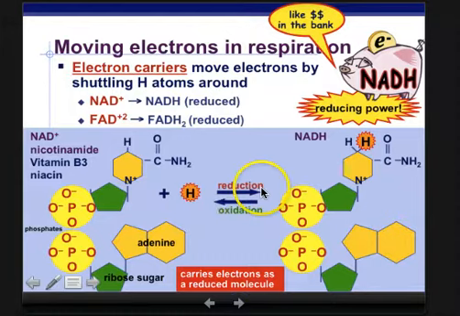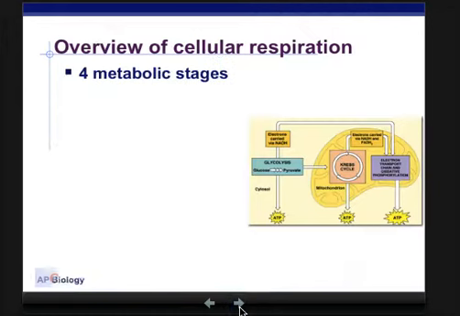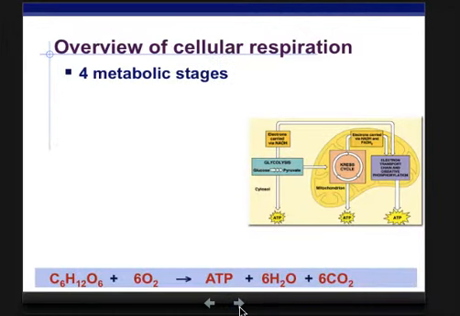Just to show you the back and forth there, the opposite is the oxidation, right? So here we're adding this hydrogen on here, and here it is removed. Now putting that into perspective, we'll start going through parts of cellular respiration. There are 4 major metabolic stages of cellular respiration.